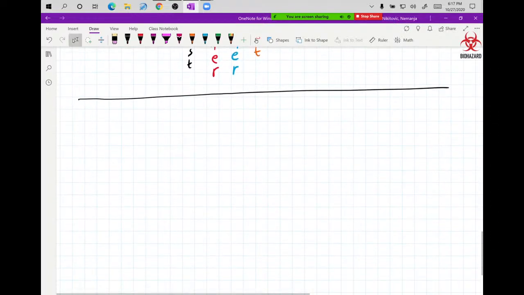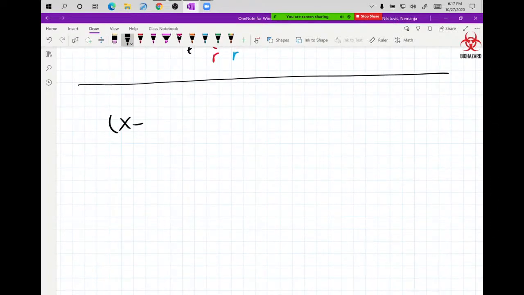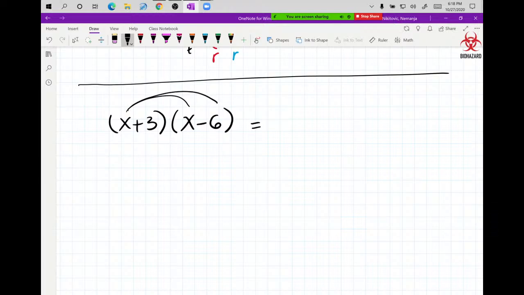So let's take a look at what this means. x plus 3 times x minus 6. So this is some of the most frequent stuff you are going to see in pretty much every math course moving on. And as I said, you can either have FOIL in your head, or you can use what I use, which is distribute x into both.